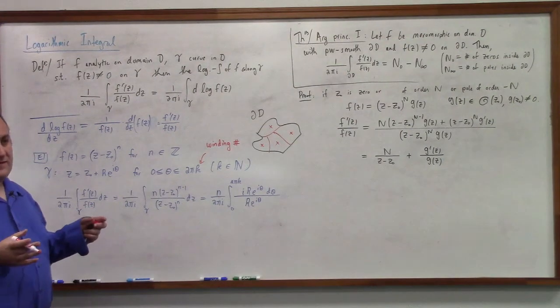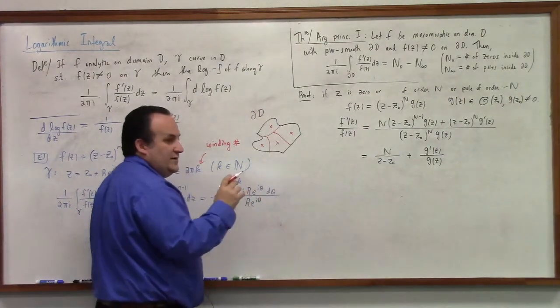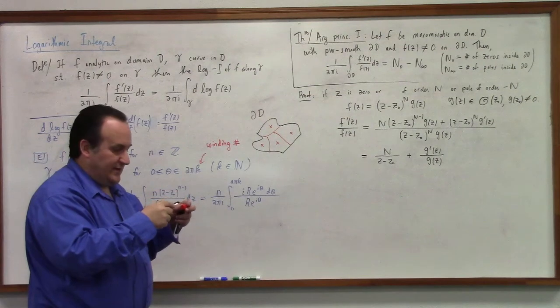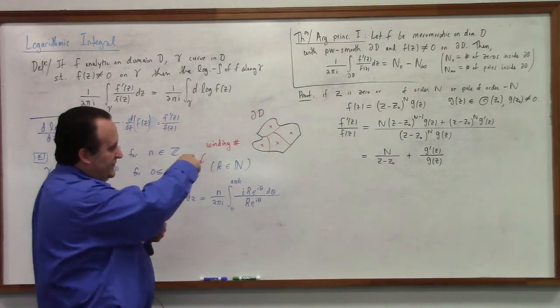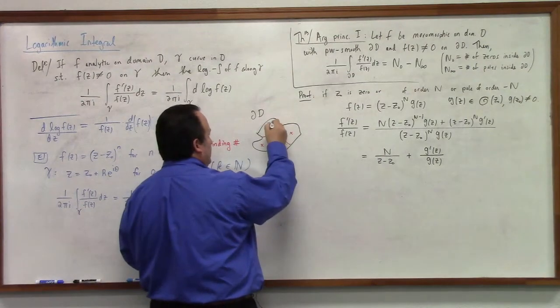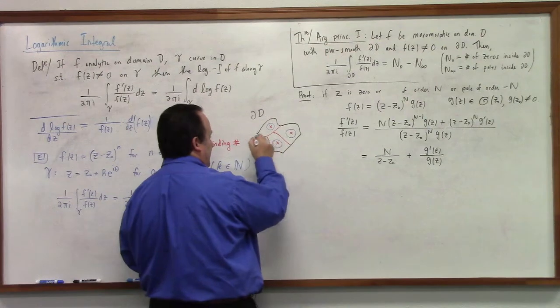So you can replace the boundary of D with little circles that enclose each singular point, or zeros, a little counterclockwise circle around each one.